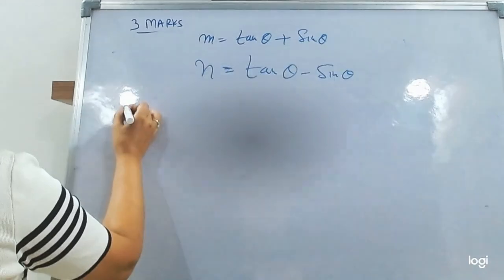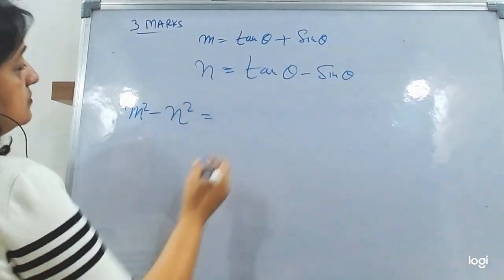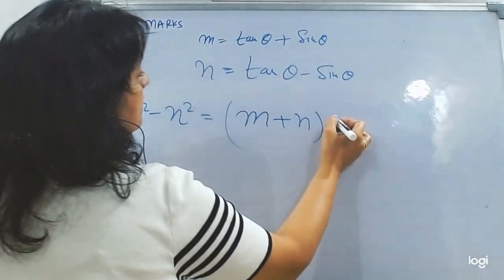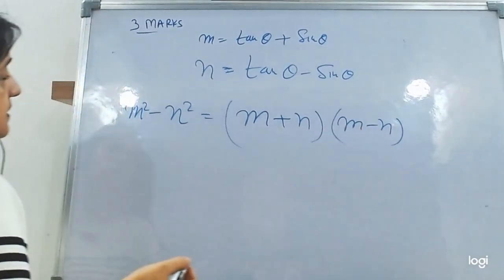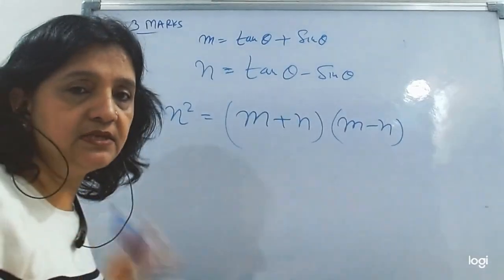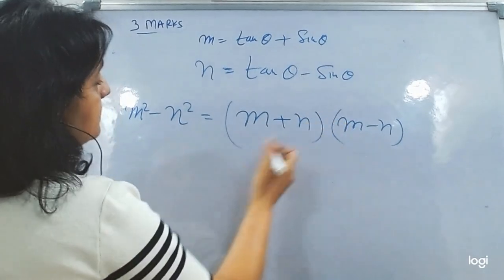Okay. So m square minus n square is equal to m plus n, m minus n. Algebraic identity: a plus b, a minus b is equal to a square minus b square. Now put the value of m and n in both the brackets.